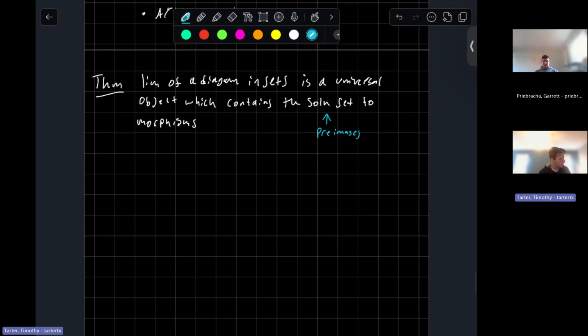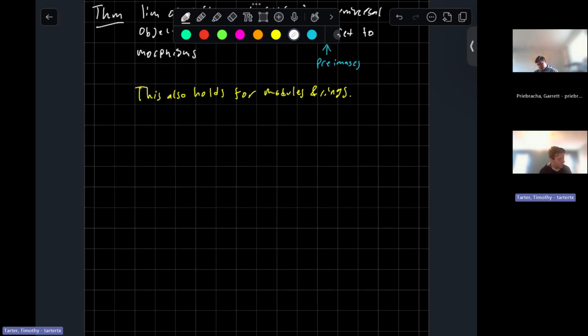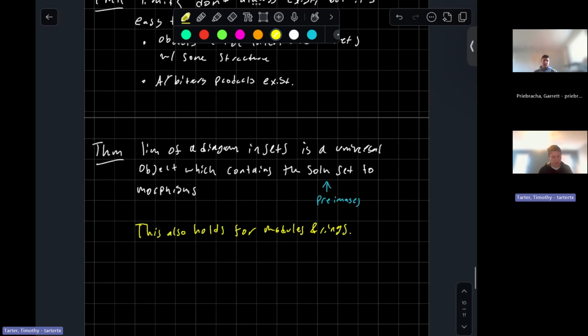This also works in modules and rings. Okay. So any questions on that? No. Okay.